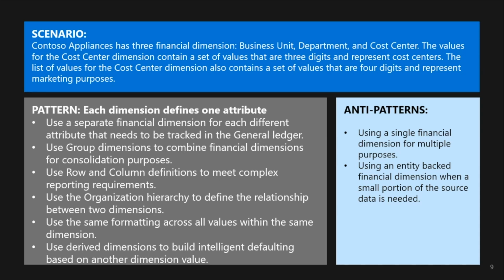Now, some things you shouldn't do are using a single financial dimension for multiple purposes, and using an entity-backed financial dimension when only a small portion of the source data is needed. That's coming back to the first scenario. If I don't need all of the items, we don't need to make an entity-backed dimension to represent just a small subset of that data.